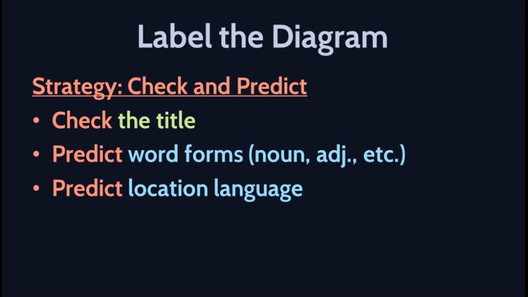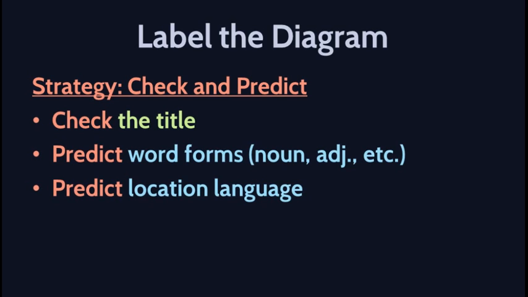Often you can predict, at least with some degree of accuracy, what kind of expression you're going to hear. Whether it's beyond or past or next to, or something like northeast or southwest or under. Usually you can have some idea of what they will say.